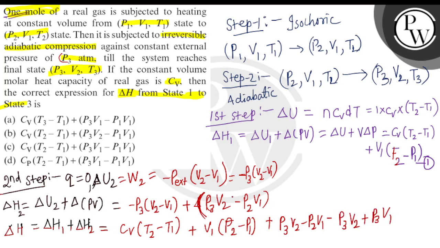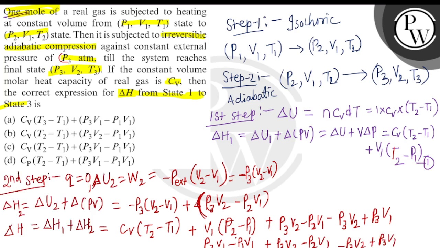Both of them will be added, and if we multiply V1 into P1 then it will be P2 V1 minus P1 V1 plus P3 V2 minus P2 V1 minus P3 V2 plus P3 V1.